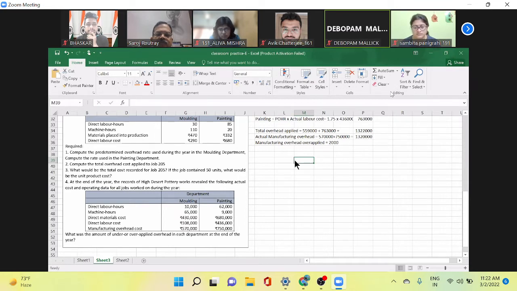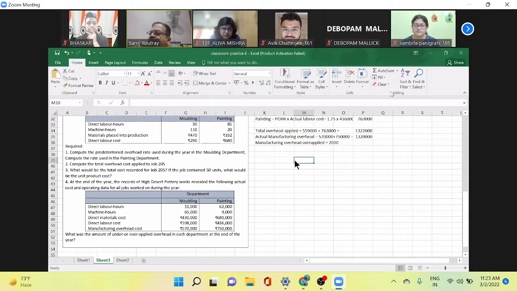And that is the amount of manufacturing overhead which is added to find out the work in progress, the finished goods, and the cost of goods sold. So that reflects in your income statement. So cost of goods sold is on the basis of POHR. Whatever cost comes, that goes to the income statement.